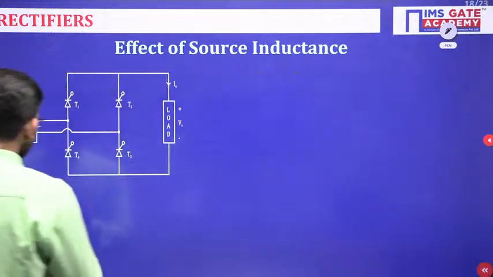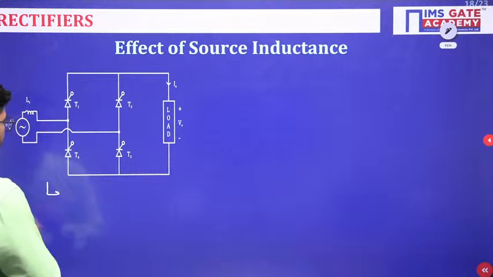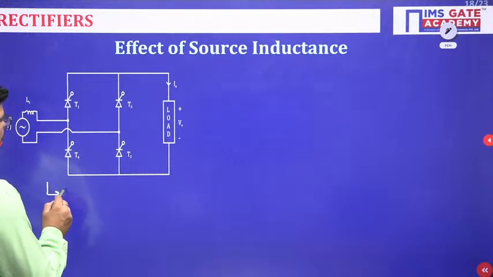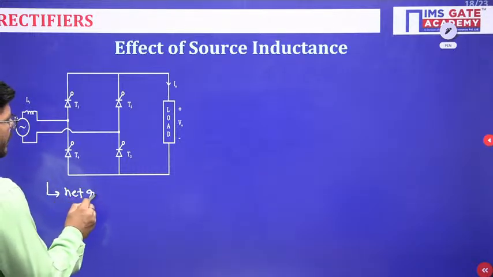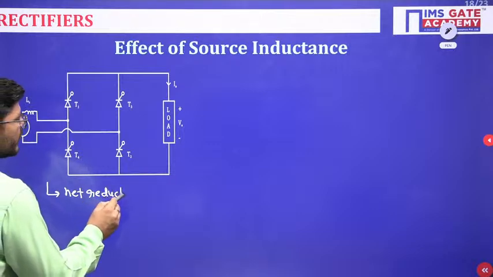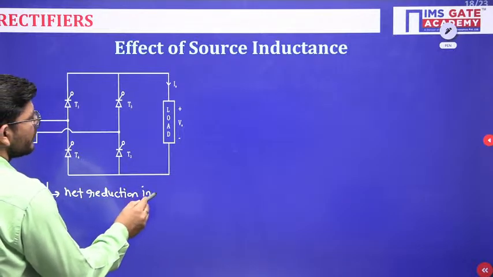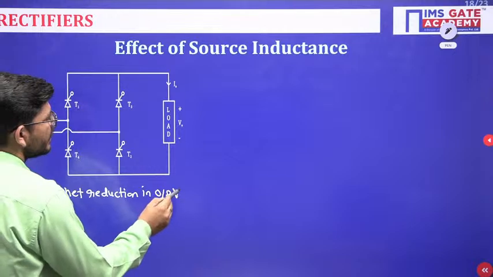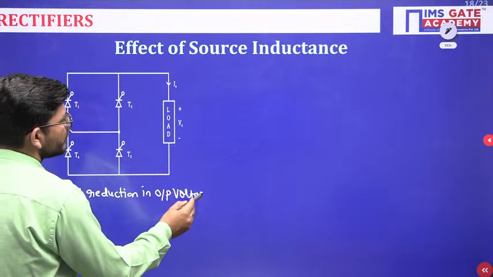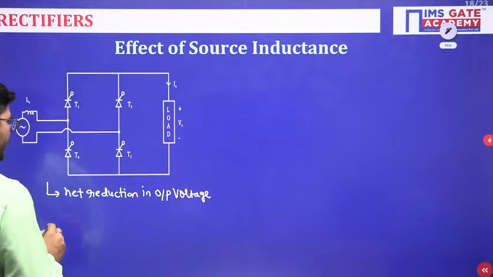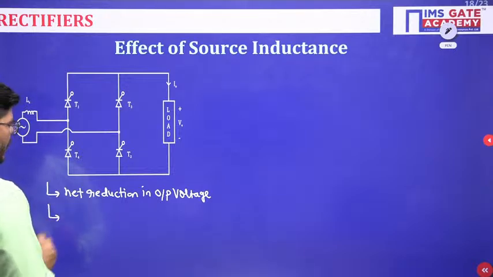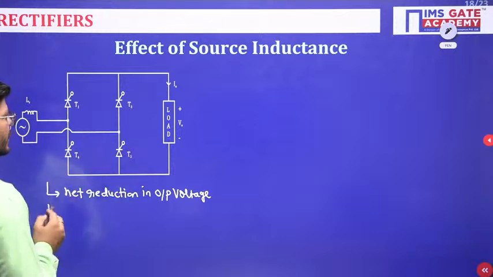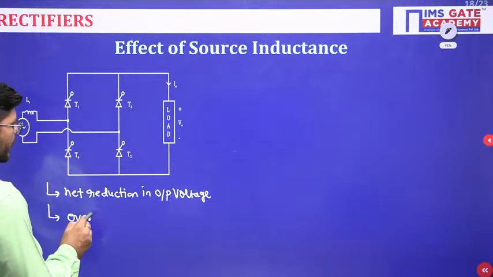Now we will discuss the effect of source inductance here. So what is the effect of source inductance? There will be a net reduction in the output voltage. And we will discuss what that net reduction is, and the concept of overlap angle will be there.